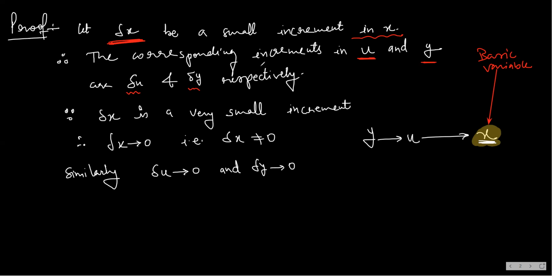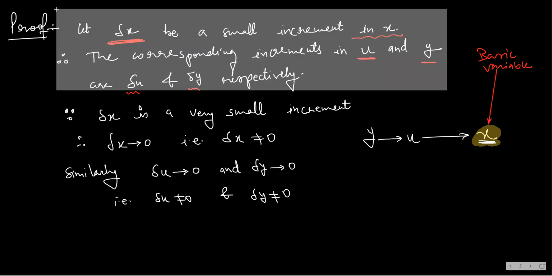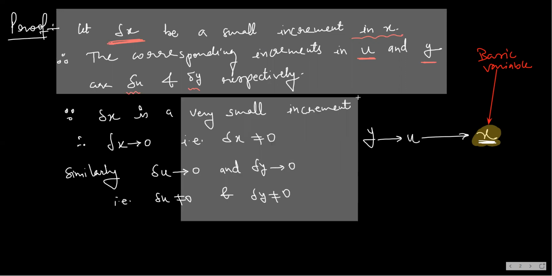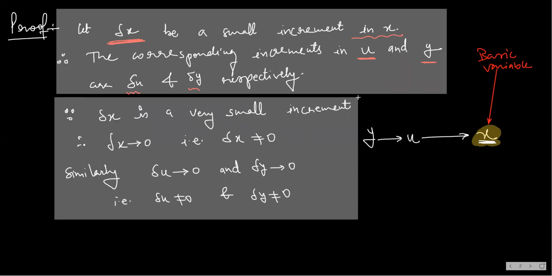Again you write that delta u is not equal to 0 and delta y is also not equal to 0. This is very important, the second step. What was the first step, students? The first step was the assumption. The second step is you writing that delta u, delta x, and delta y are non-zero.